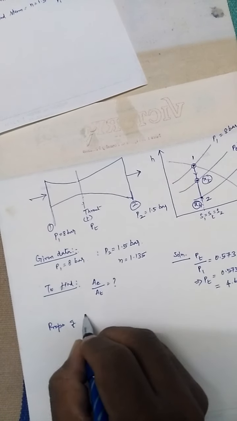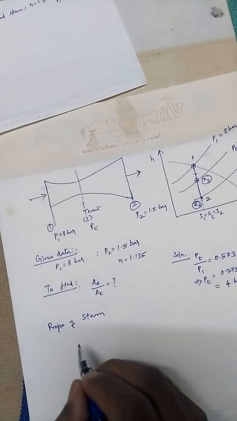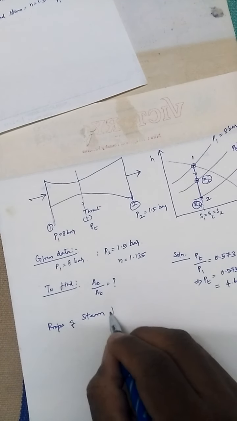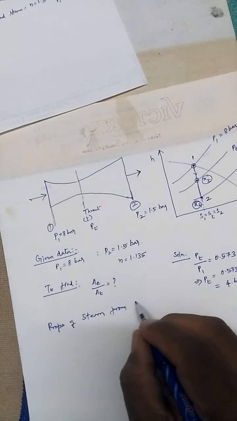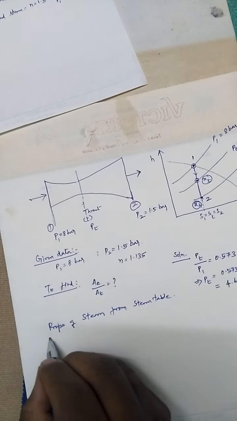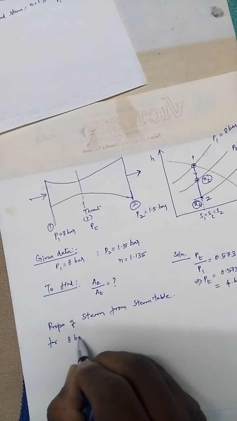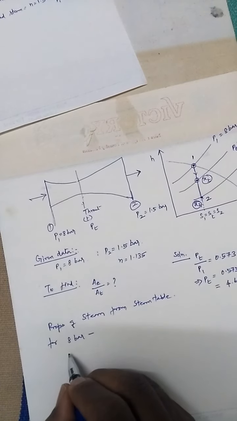So let us take the properties of steam from the steam table. Please refer to the steam table. For the first pressure, 8 bar, what are the values?